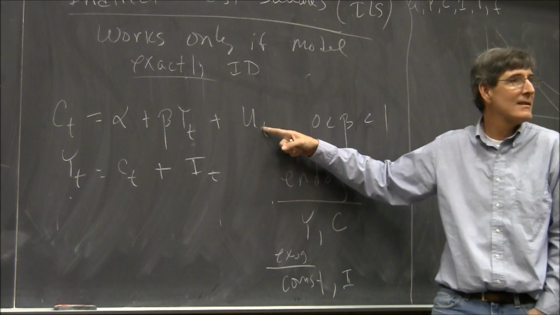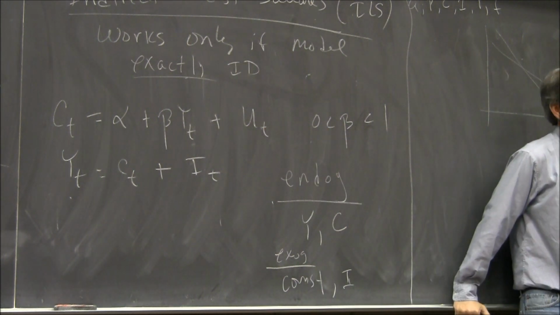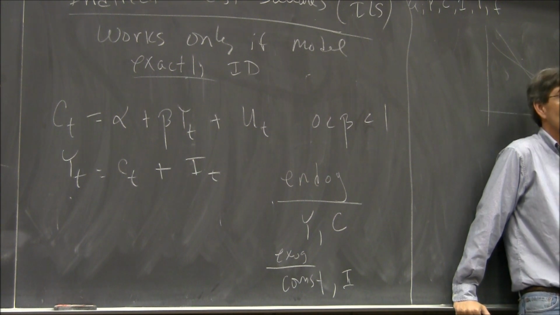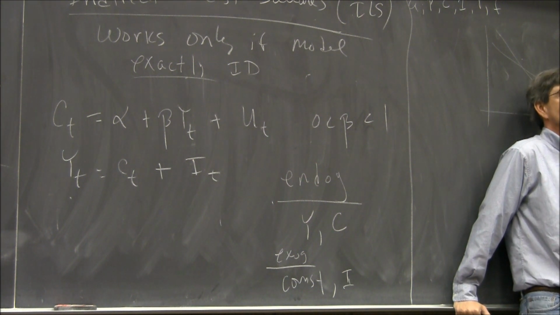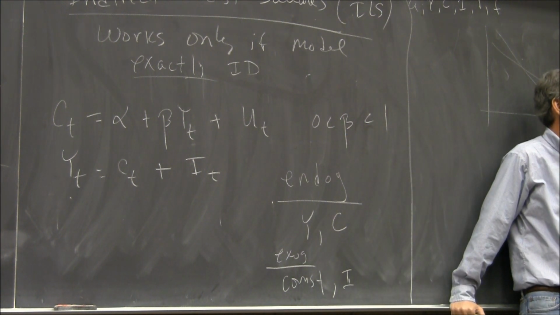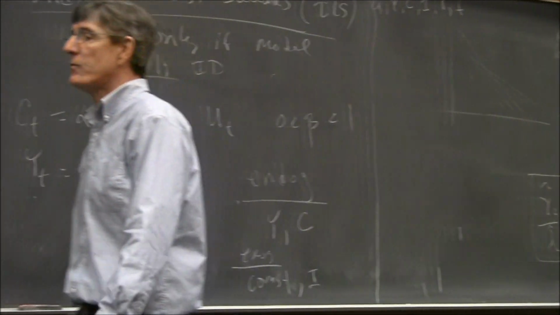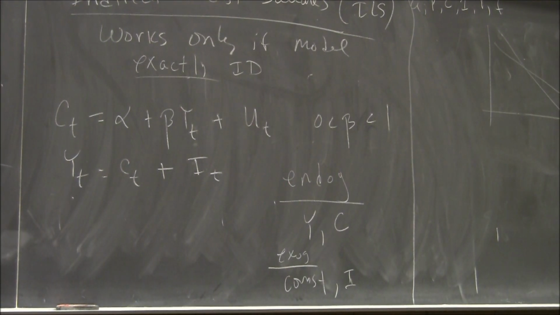There's no I in this equation. So it's exactly identified, so we can use indirect least squares. So what you do is you write down the reduced form, estimate the reduced form, and recover the structure.